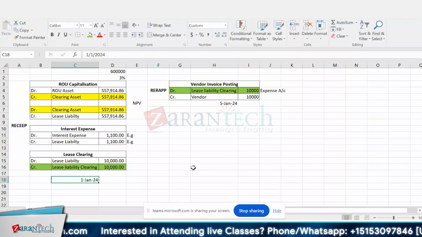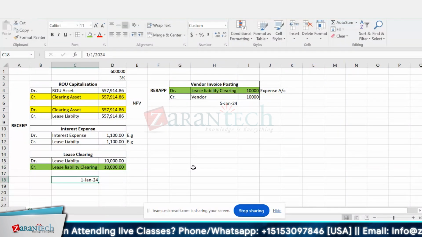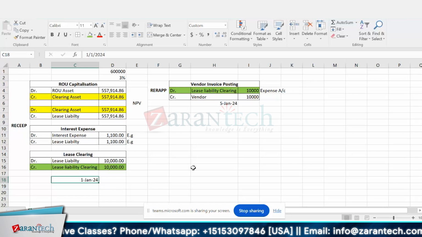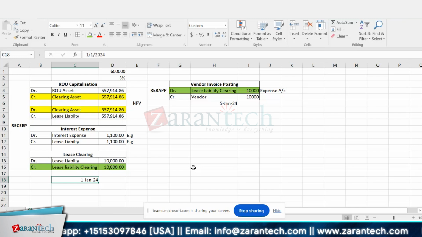So the only reason why we are not booking it directly to the vendor account or creating vendor invoices: while creating vendor invoices, what do we have on a vendor invoice? Do we have payment terms? What do payment terms do?